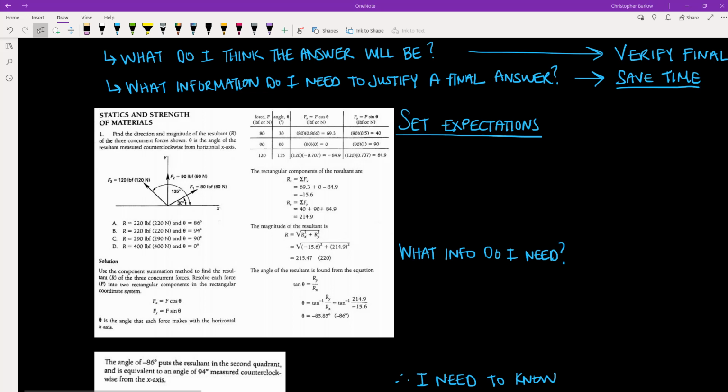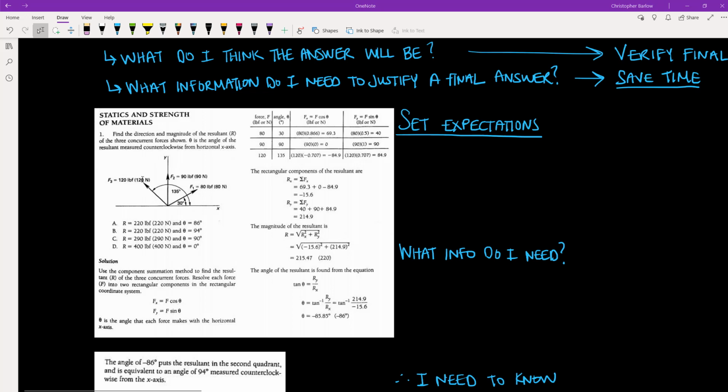And they provide you with a diagram where you have three force vectors. One in the first quadrant here, 30 degrees up from the x-axis with a magnitude of 80 pound force. The second pointing vertical along the y-axis with a magnitude of 90 pound force.